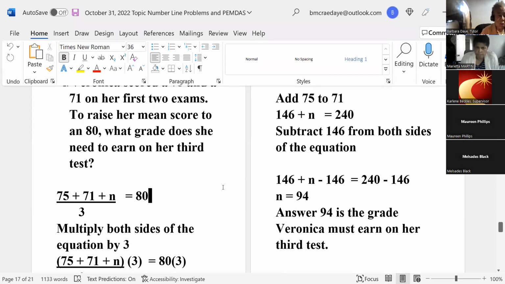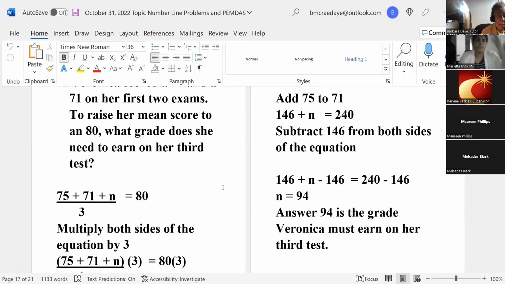Any questions on solving for a value to get a certain mean? I didn't get this, I'm sorry. We went through the first type of problem where you add up all your items, divide by the number of items, and get the mean.